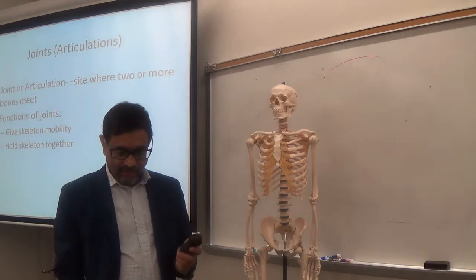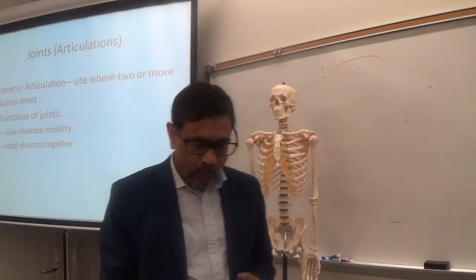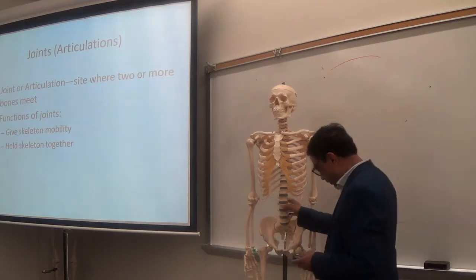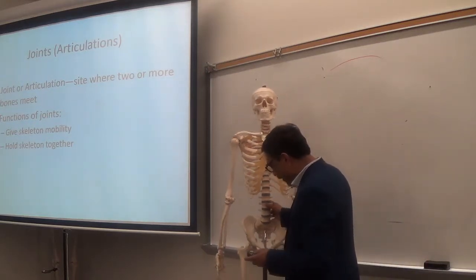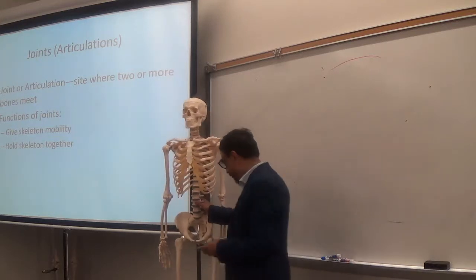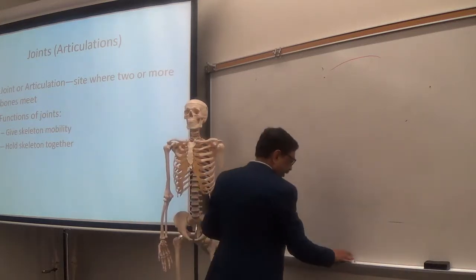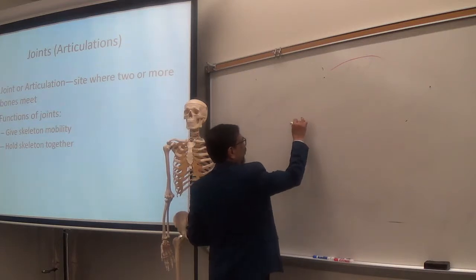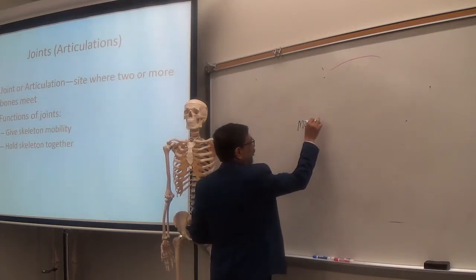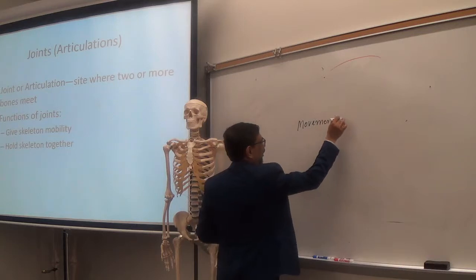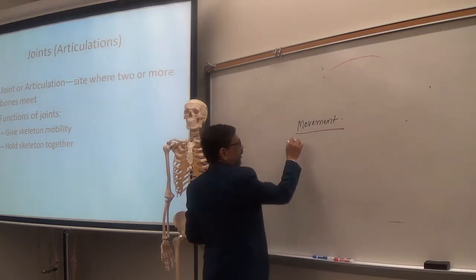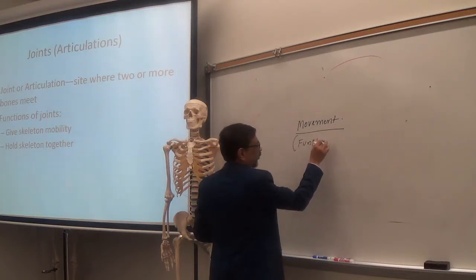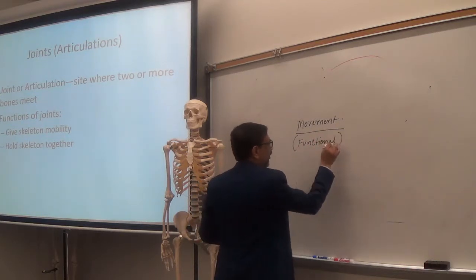Now, joints could be different types. We divide the joints in two ways by looking at two different things. We classify the joints by looking at the amount of movement, and that is called functional classification, because we know that function is the movement.